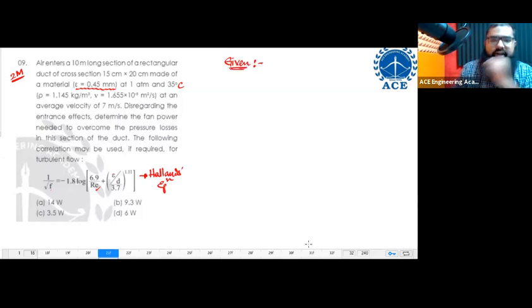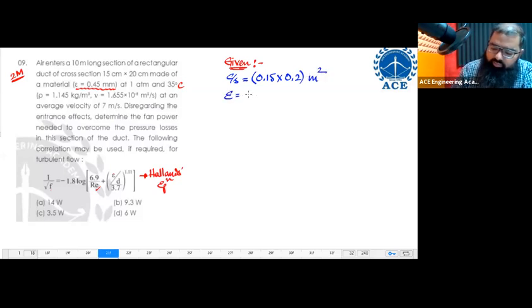The cross-section area over here is equal to 15 centimeter by 20 centimeter, that is 0.15 into 0.2 meter square. Epsilon value is equal to 0.45 mm, that is 4.5 into 10 power minus 4 meter.